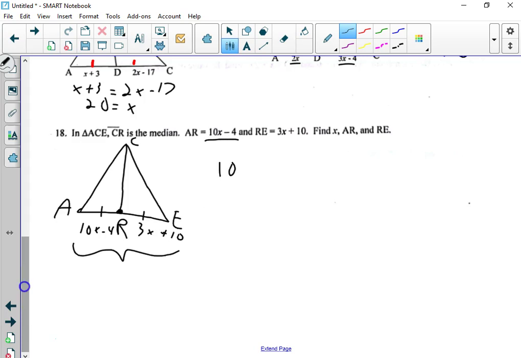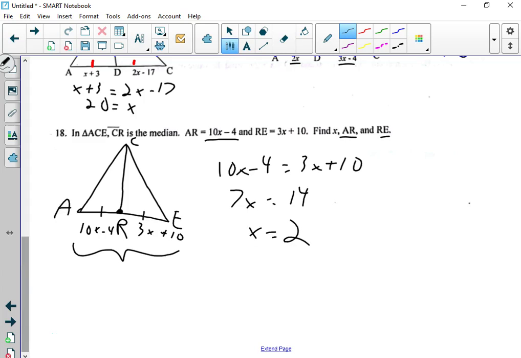But in this case, we're just going to say 10x minus 4 equals 3x plus 10. Subtract x, we get 7x. Add 4, we get 14. Divide by 7, and x is 2. But it also says find AR and RE.